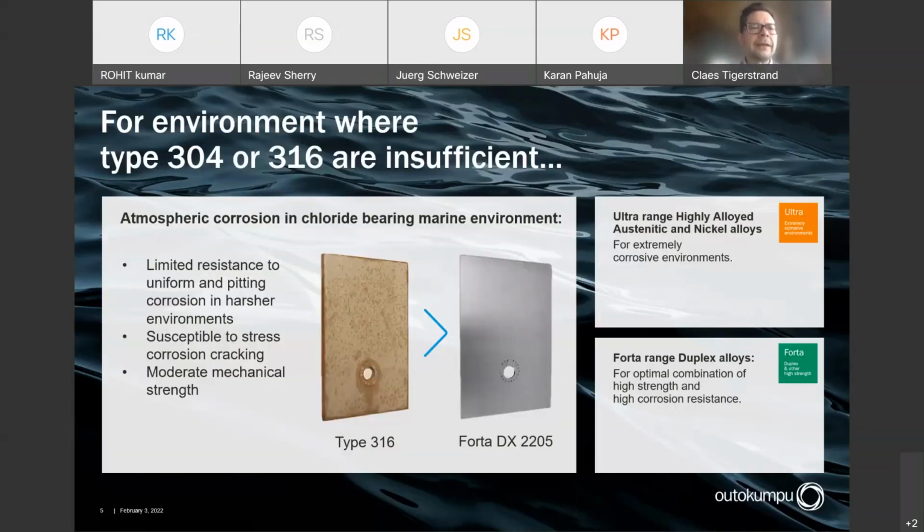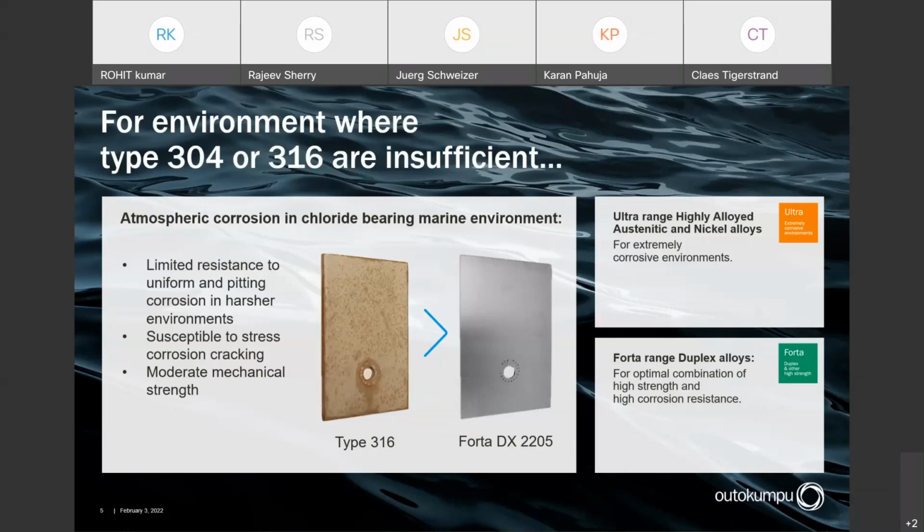So some environment 304 and 316 are not enough. What we see here is actually atmospheric corrosion testing result in a chloride-bearing marine environment. What we see to the left there is a sample of 316 that is heavily stained, and to the right there we see a duplex grade 2205 with a perfect condition.